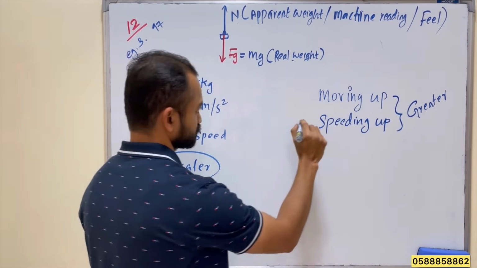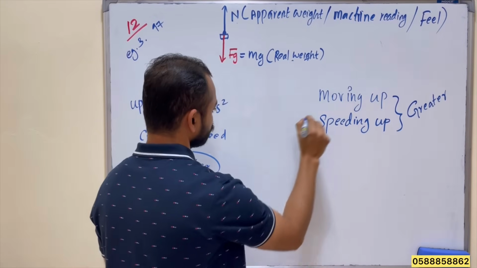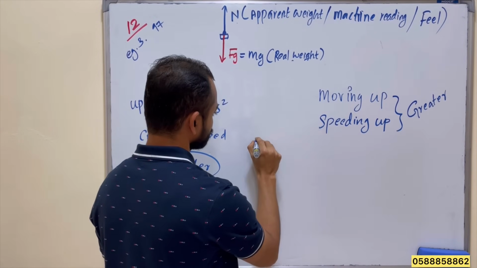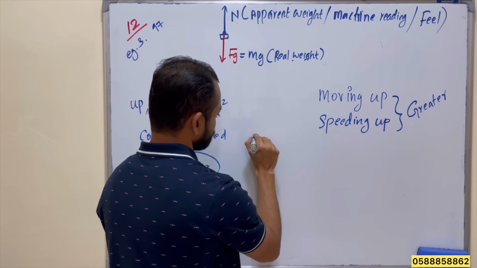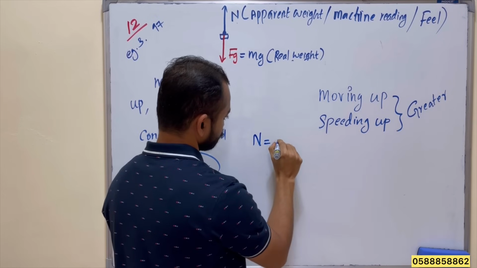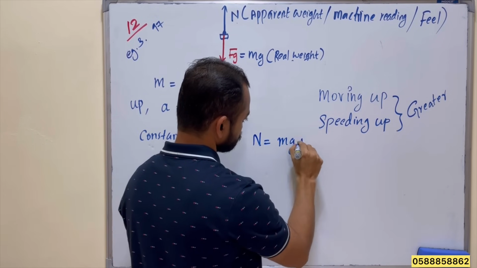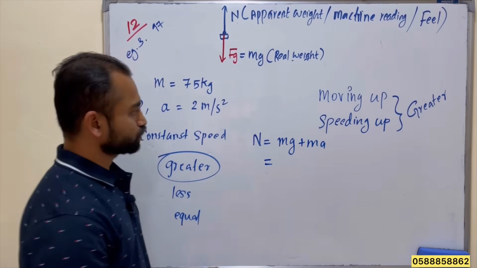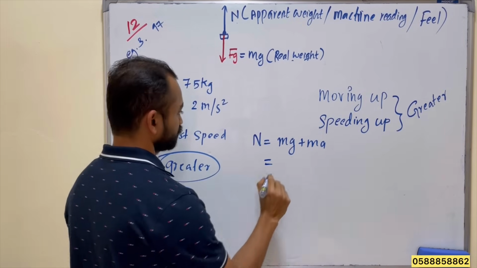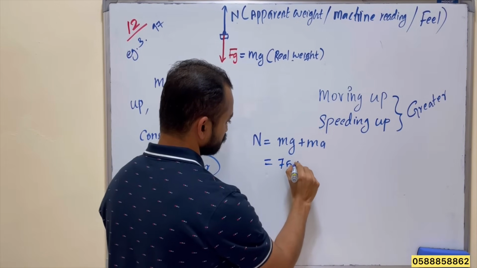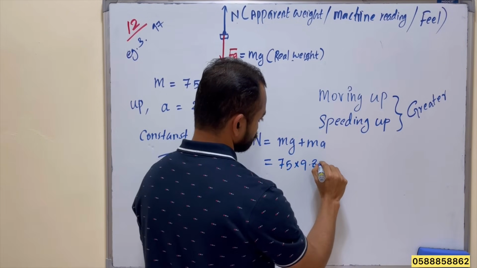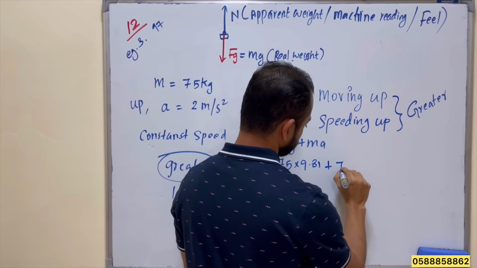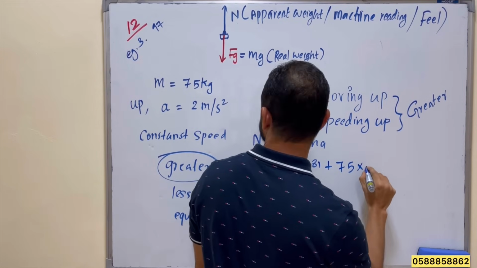So what is the equation? While moving up, speeding up, the apparent weight is equal to mg plus ma.